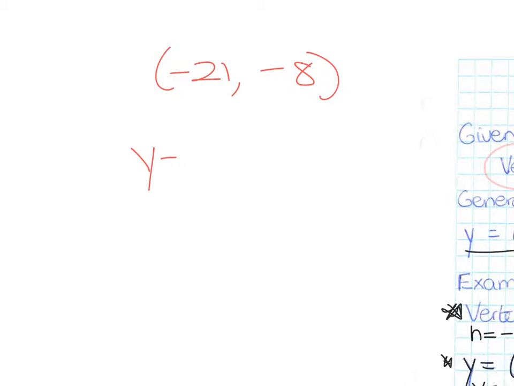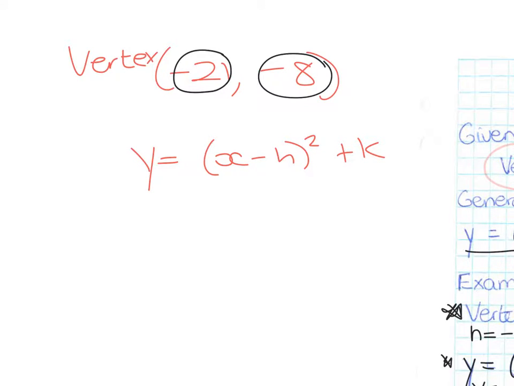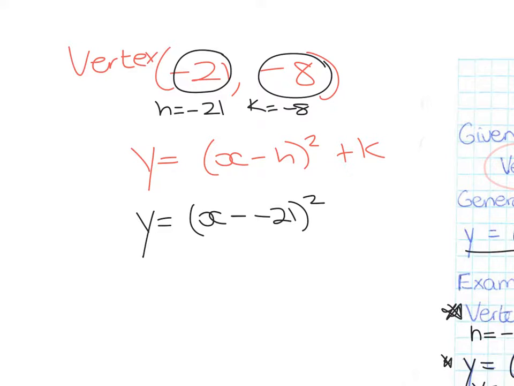Remember, we're going to try and write it in this format: x minus h all squared plus k. This is the vertex we've been given. So let's say what h and k are. That's h, that's k. h equals -21, k equals -8. So we just go y equals x minus h, -21, all squared, plus k. k is -8, so plus -8.